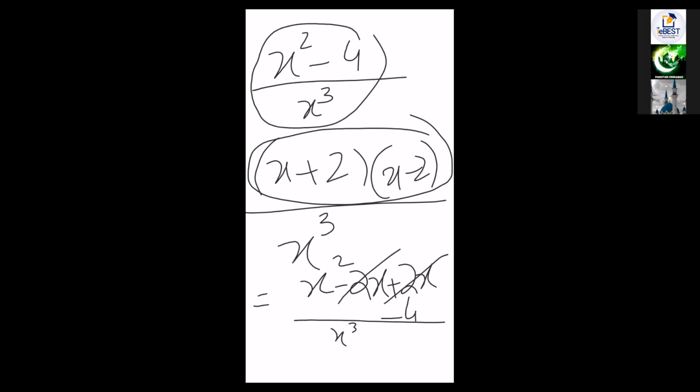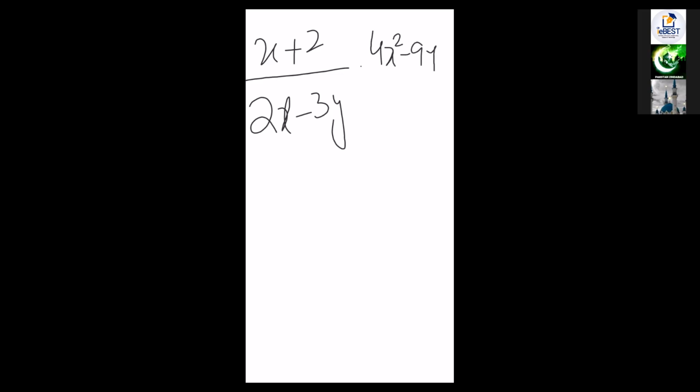So now, I'm going to write one more question, which is x plus 2 divided by 2x minus 3y, multiplied by 4x squared minus 9y squared divided by xy plus 2y. Okay. So obviously we need to multiply them.